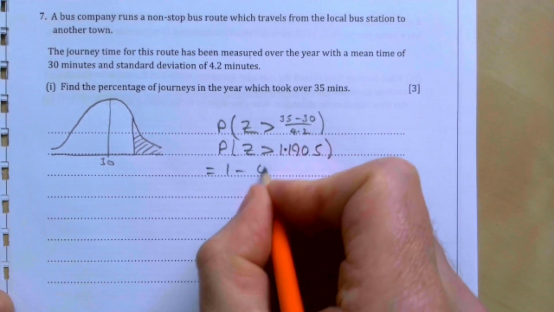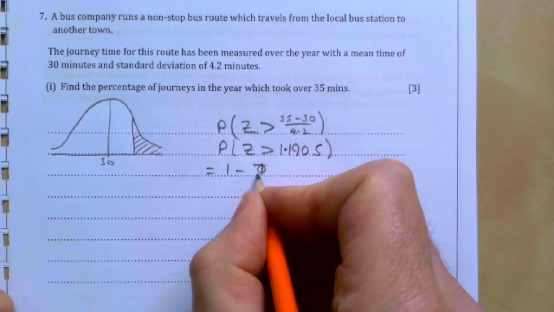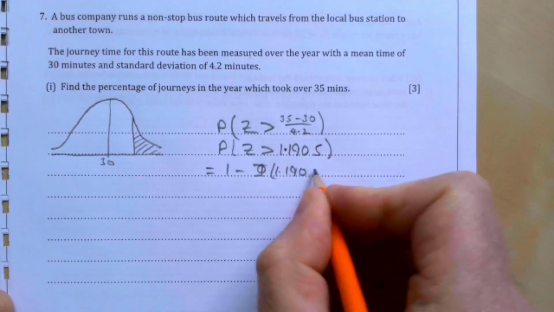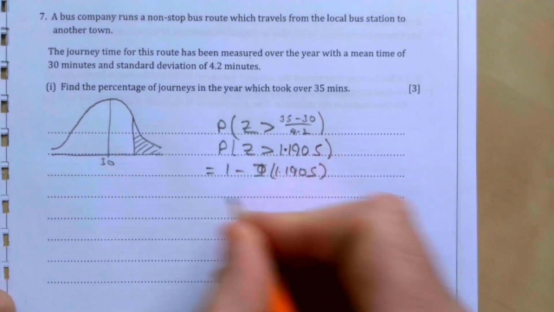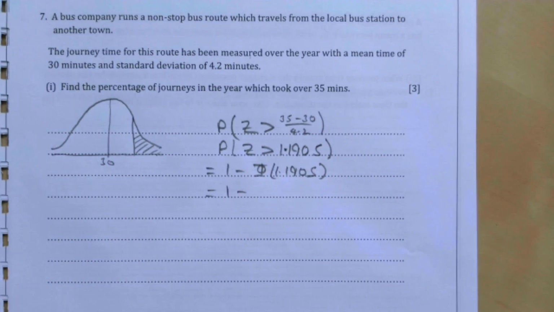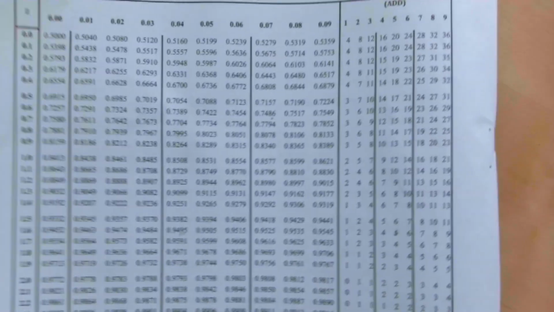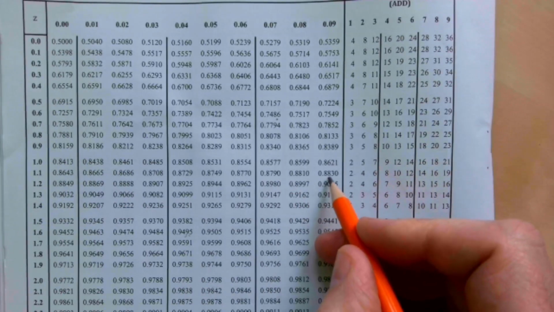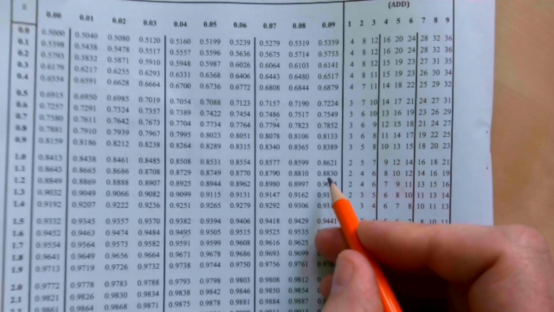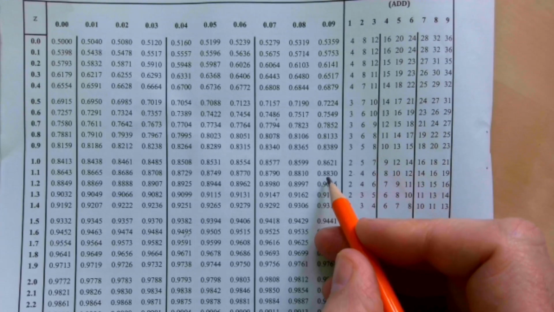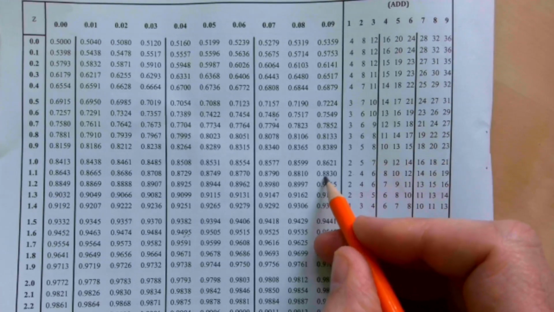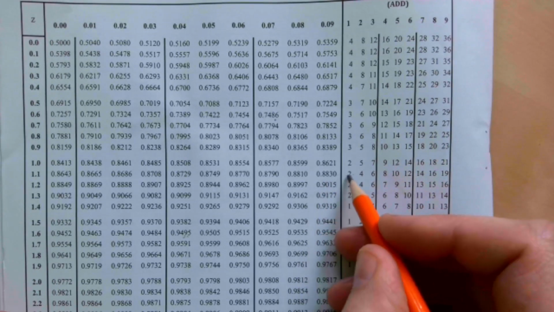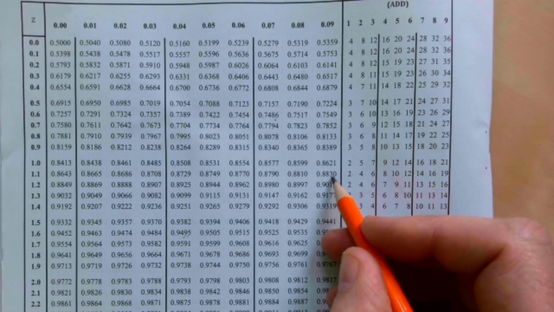So 1 minus the area of 1.1905. There's 1.1, there's 0.19, and then 0.8330, so it's 1.19, so it's 05, so we're going to get half of that in, I think.